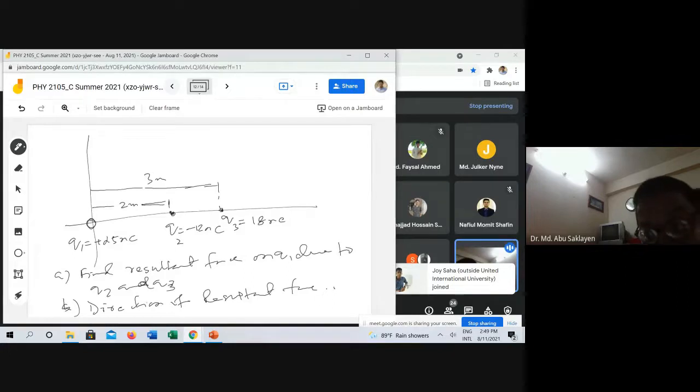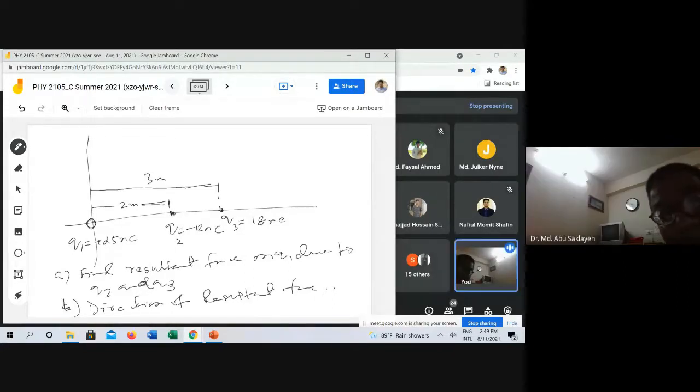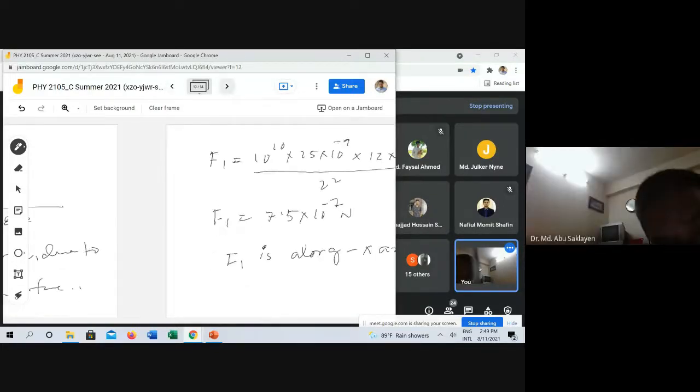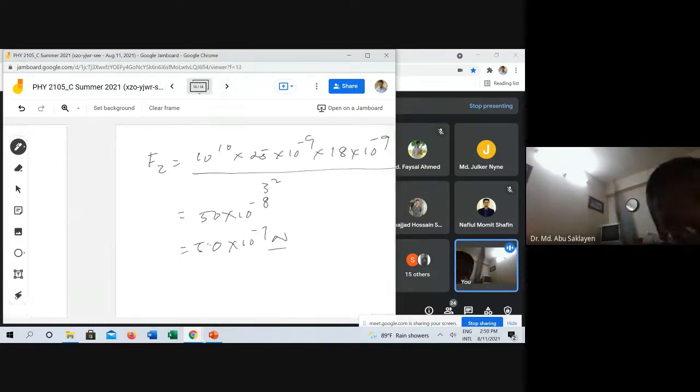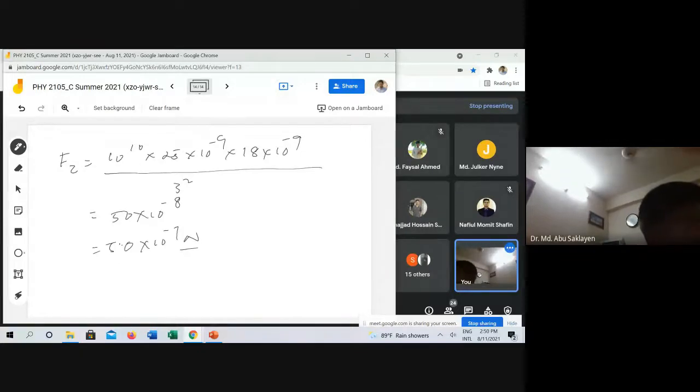That means positive x-axis. Both are positive. So positive x-axis, right? Yes, sir. F1 was negative x-axis, and F2 is positive x-axis. So one is negative x-axis, one is positive x-axis.